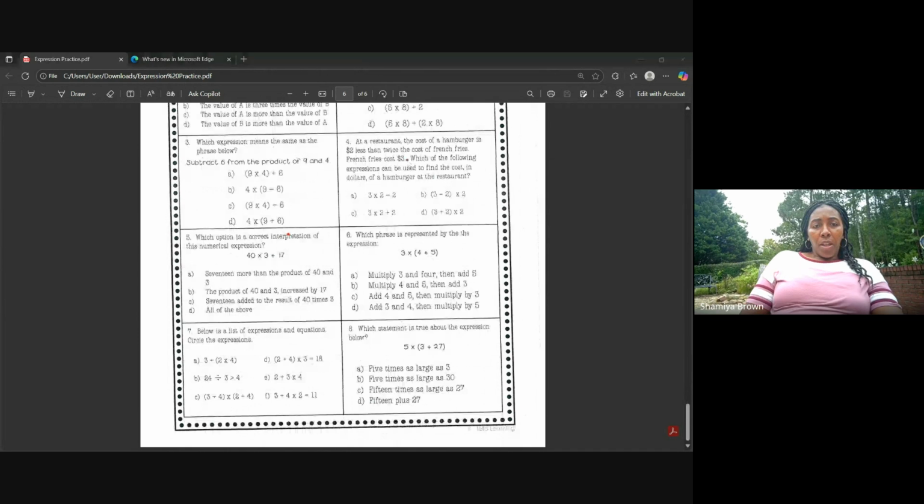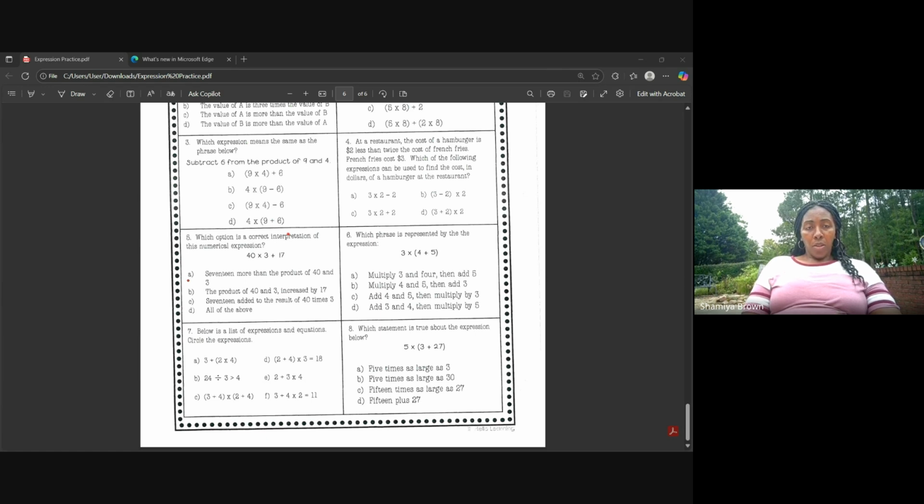Okay. Number 5 says, which option is a correct interpretation of this numerical expression? The numerical expression is 40 times 3 plus 17. So let's look at my choices. A says 17 more than the product of 40 and 3.